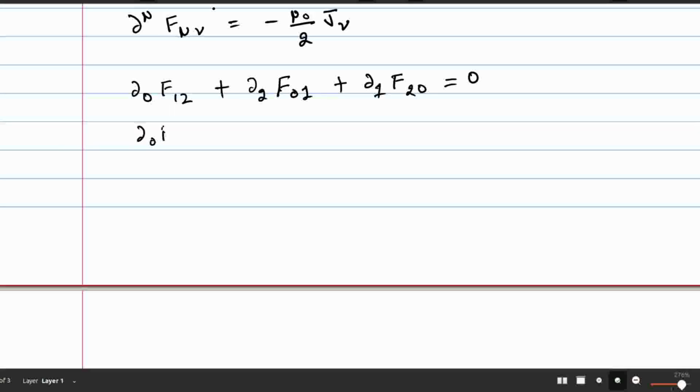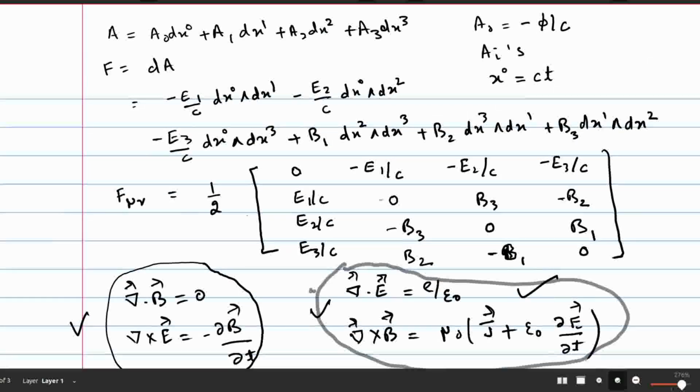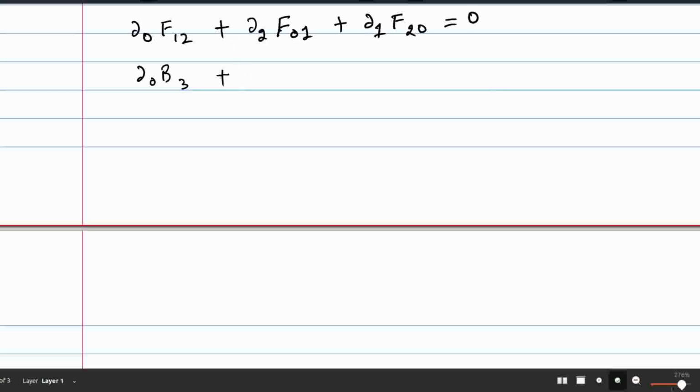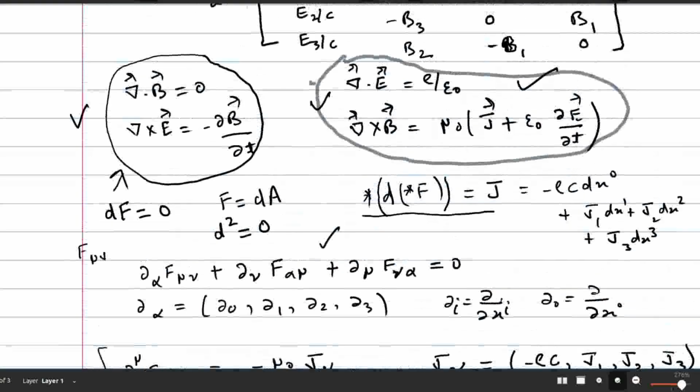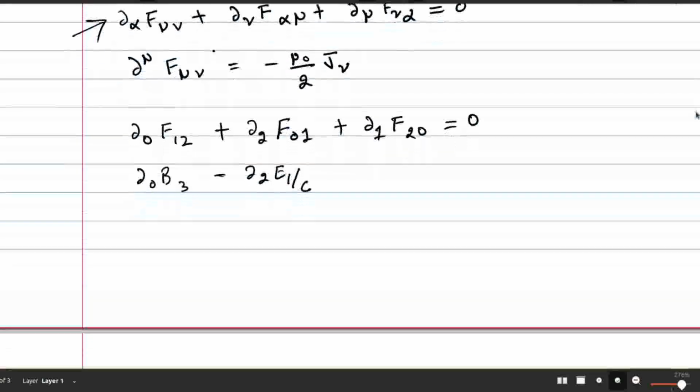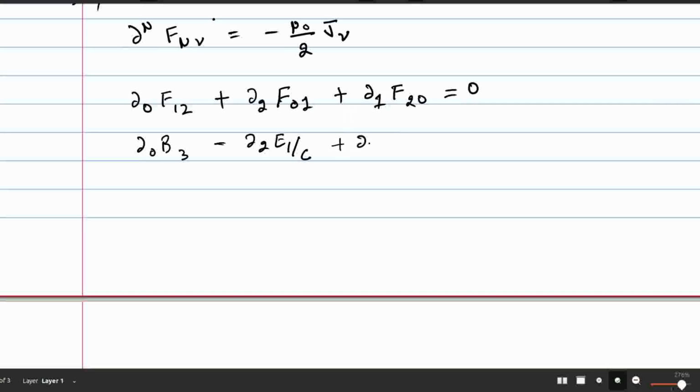We get del 0 b3 plus del 2 f01. F01 is minus e1 over c, so we get minus del 2 e1 over c, and f20 is e2 over c, plus del 1 E2 over C equals 0.